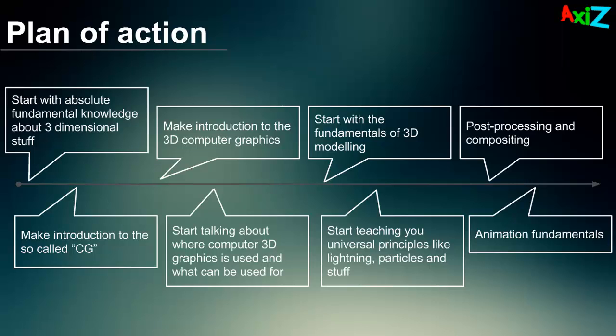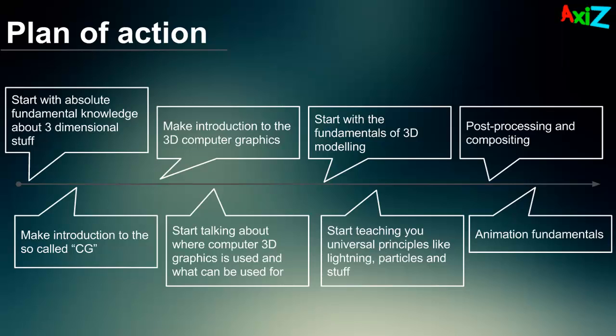And then I'm going to start the real tutorials where we are going to start modeling stuff. And I'll start teaching you universal principles like lighting and particles that you can use everywhere. Then probably a little bit of post-processing, which is the process of editing the thing you created when it's already a picture.